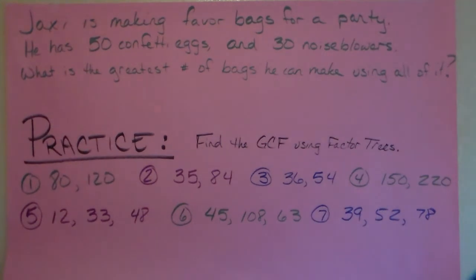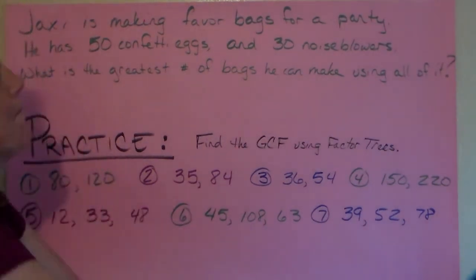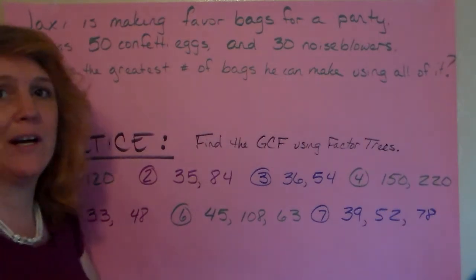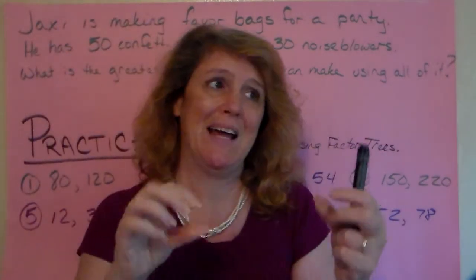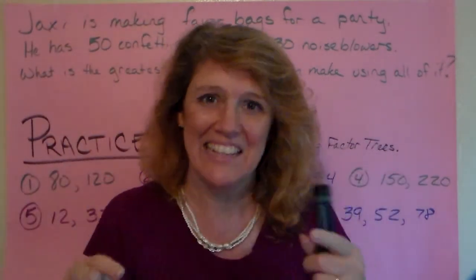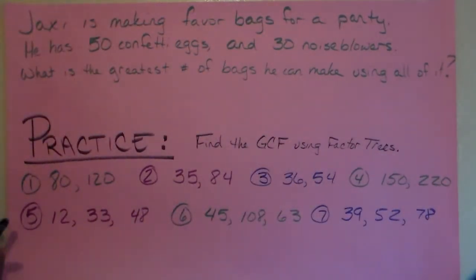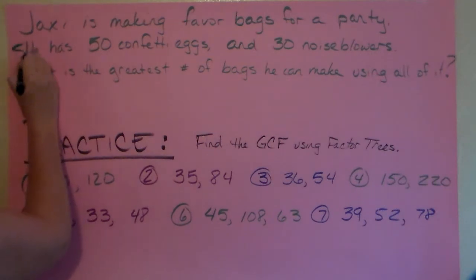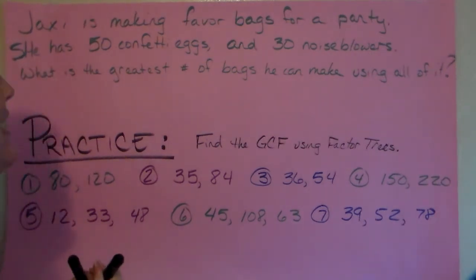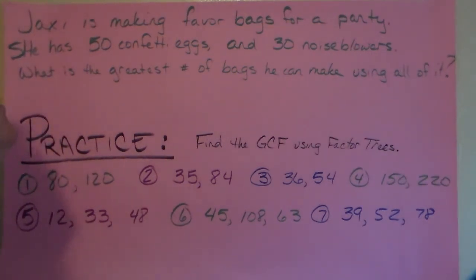What does this look like in a word problem? Jaxie is making favor bags for a party. You know how you go to a birthday party and they give you a little bag and it's got all those cute little prizes in them? Yeah? Okay, those are favor bags. Jaxie's a girl. She has 50 confetti eggs and 30 noise blowers.